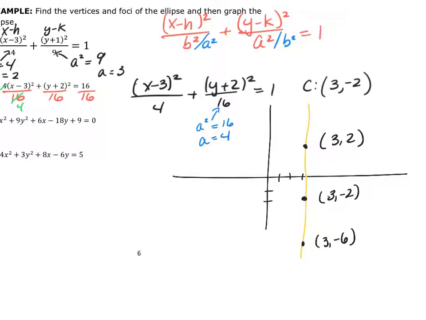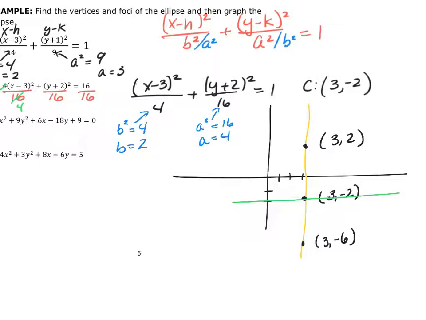I am then going to go back to this, and what does that 4 represent? It represents b squared. So what does b have to equal? 2. My minor axis is on that green line. So who's changing for my minors, my x value or my y value?